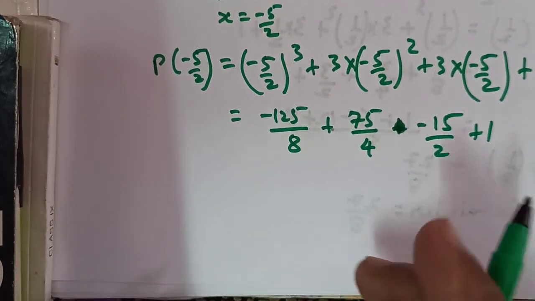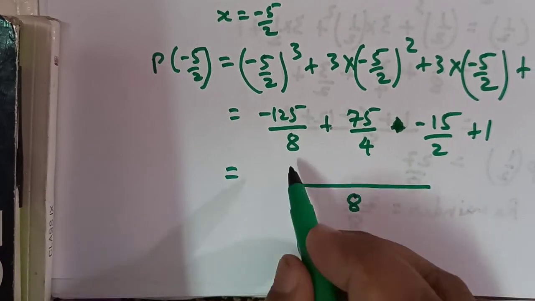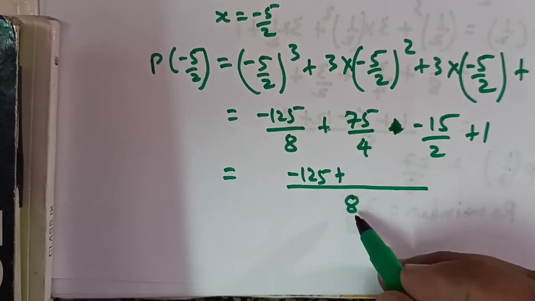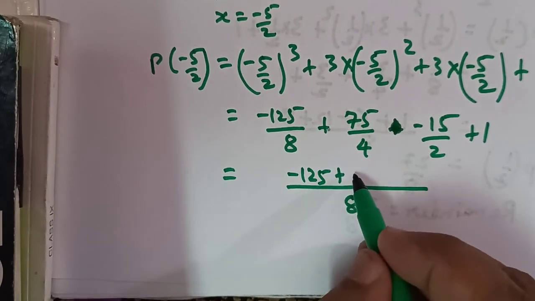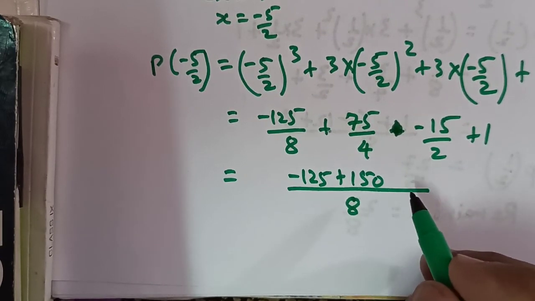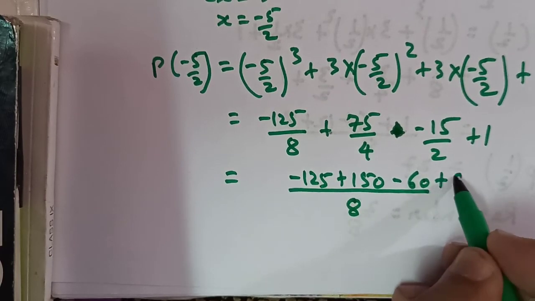Now we will take the LCM. So LCM is coming out to be 8, then it will be minus 125, plus 4 2s are 8, 75 2s are 150, then 4 2 4s are 8, 4 into minus 15 is minus 60, plus 8.